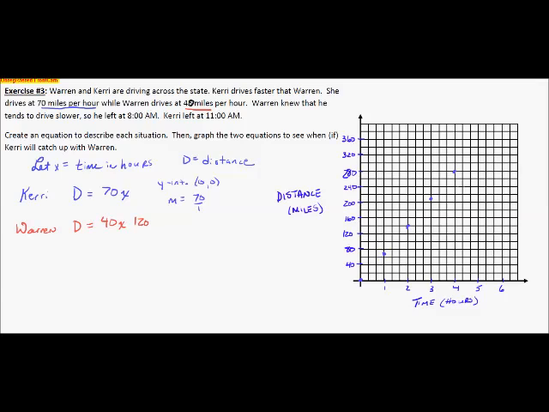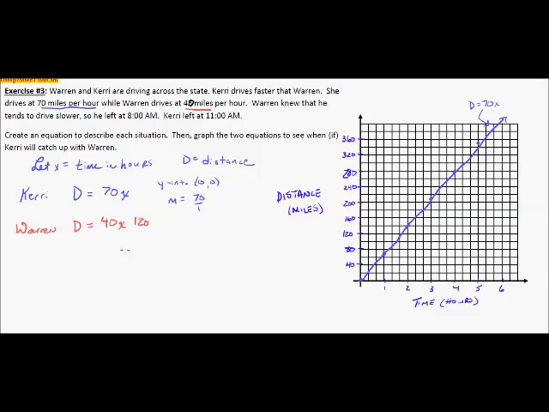So I'm going to pause this. I'm going to put in the graph here, so hold on just a minute. Okay, so you can see I put in the blue line, which is going to be Carrie's driving distance. Let's label that one. We could just go right up here and put D equals 70x and put a little arrow. That makes that labeled.